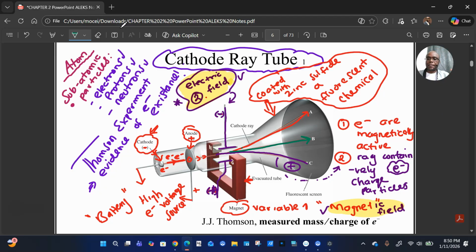So this was the cathode ray experiment that was done by Thomson.